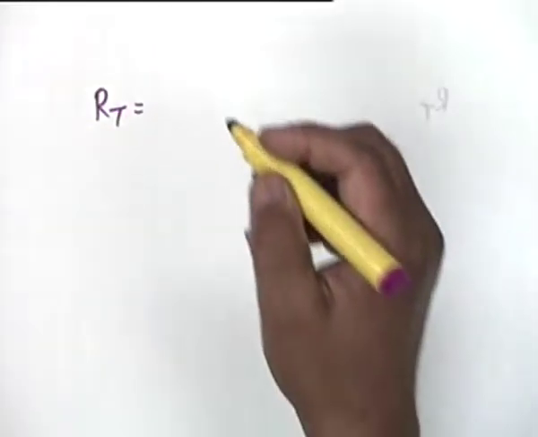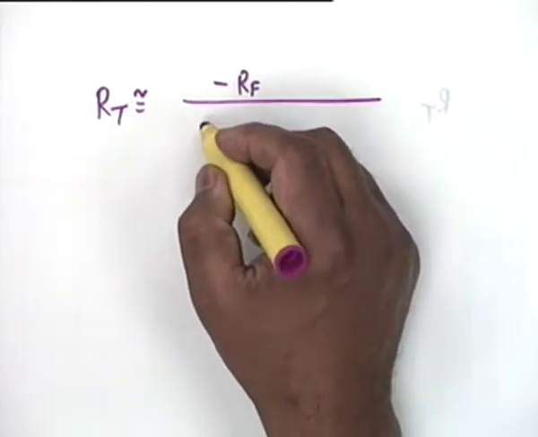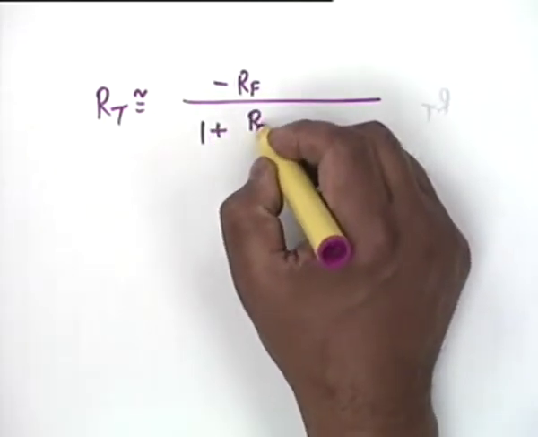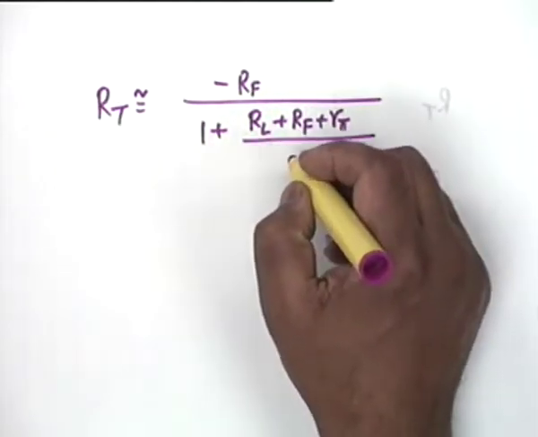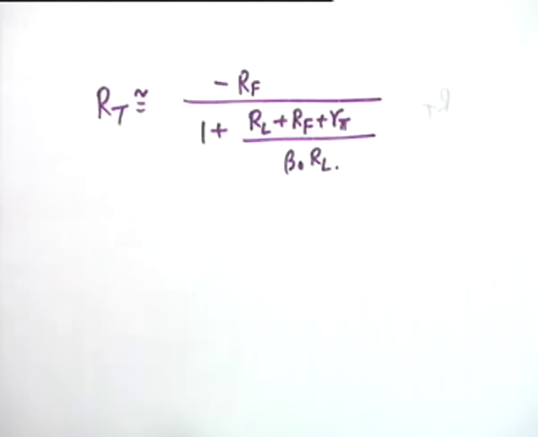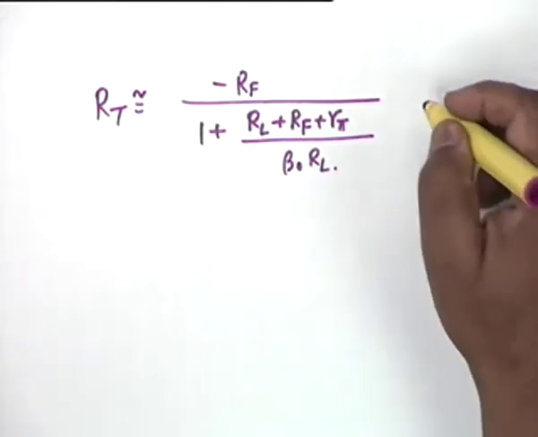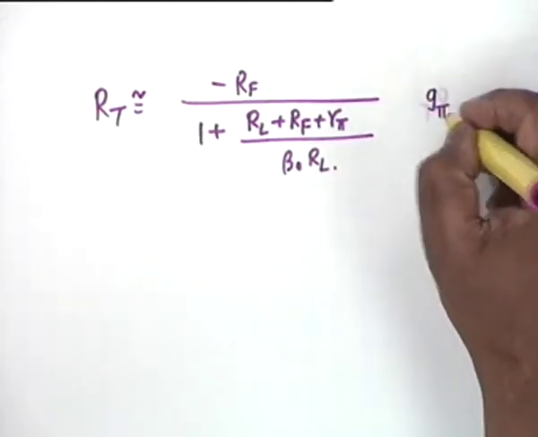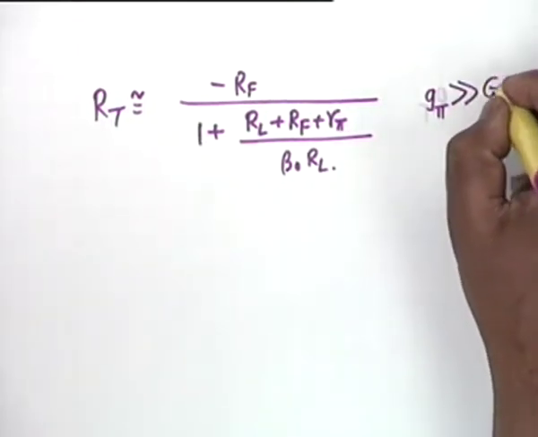RT is approximately equal to minus RF divided by 1 plus (RL plus RF plus R pi) divided by beta 0 RL, where we have ignored... this approximation is valid when G pi is much greater than GS.